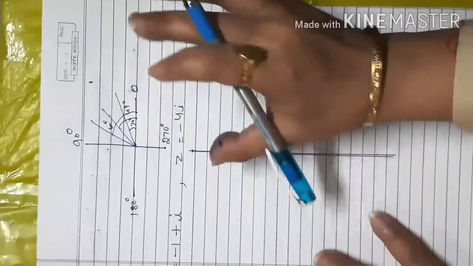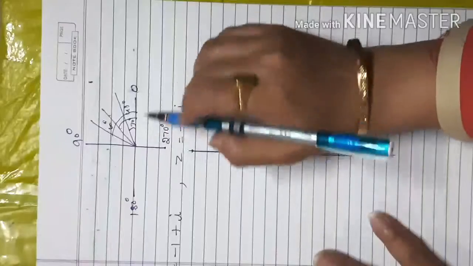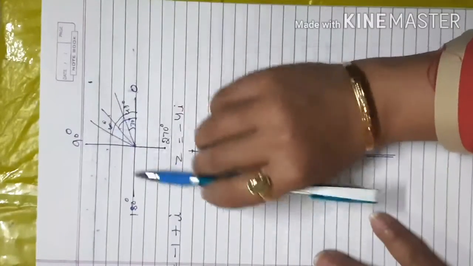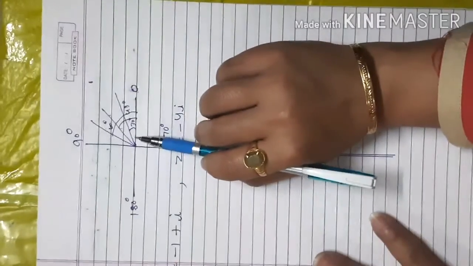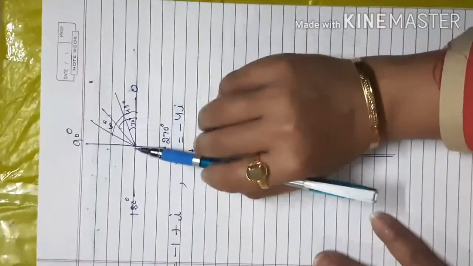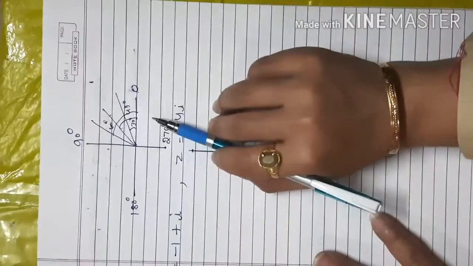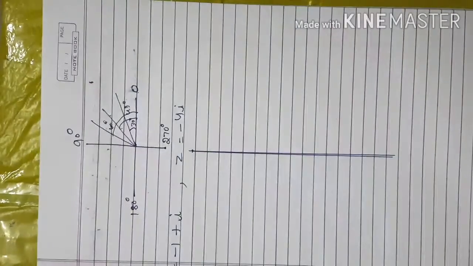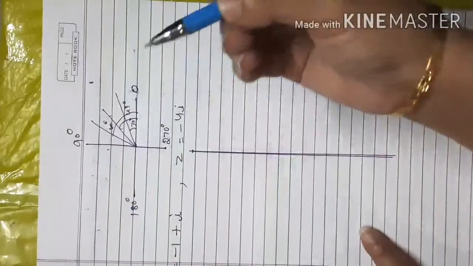So what are the rules to identify the angle in a particular quadrant? Suppose I have 30 degree here, 45 degree here, and 60 degree here. If in my first quadrant this angle is 30 degree, what will be that angle in the second, third, and fourth quadrant, which has the same value but with the quadrant's positive or negative sign applied?